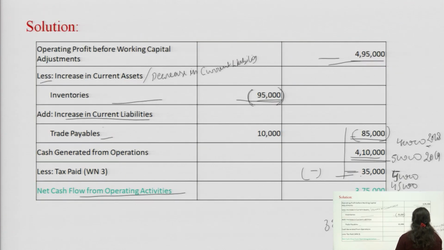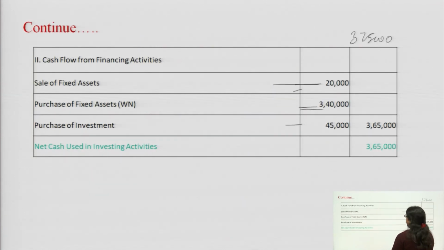The investment part was 45,000, the purchase was done for the investment. This total is coming out. See, for purchasing the amount will be in the minus, purchase of the investment again it will be in the minus, the amount will be 5, 8 and 3.